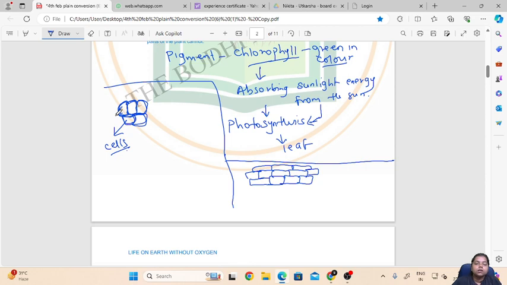So these cells in the leaf contain chlorophyll. The cells of the leaf contain a particular thing which is called chlorophyll. What do these cells do?